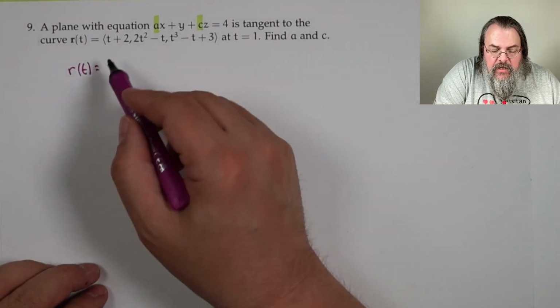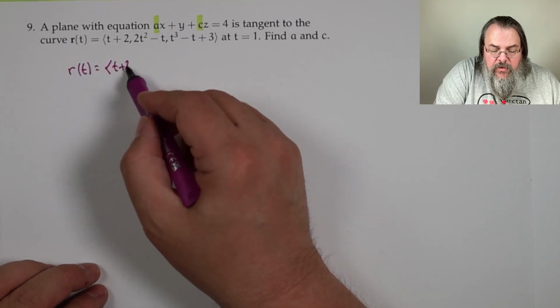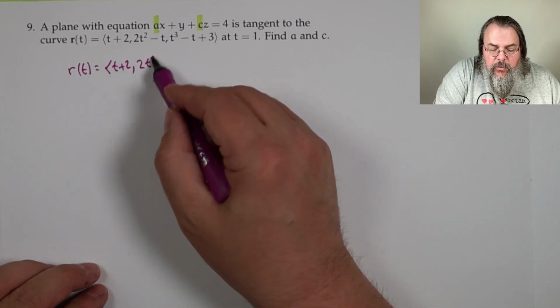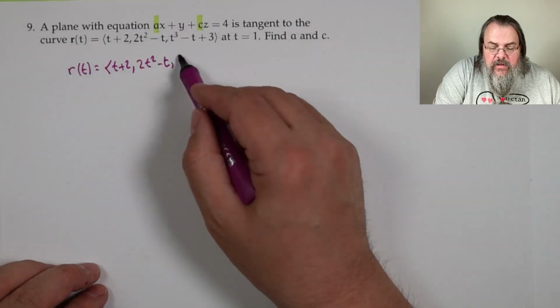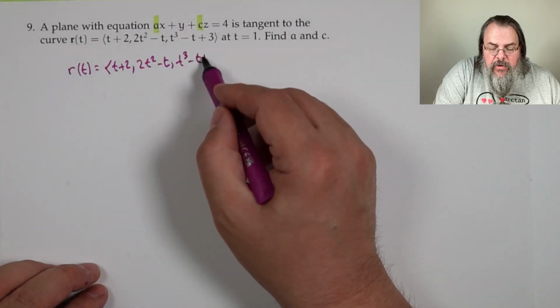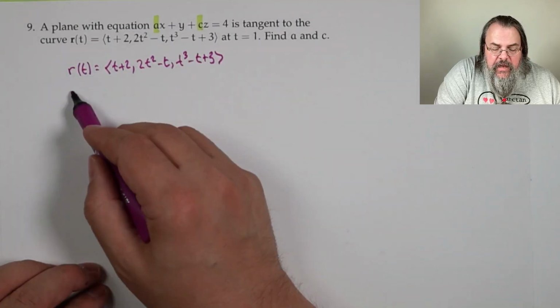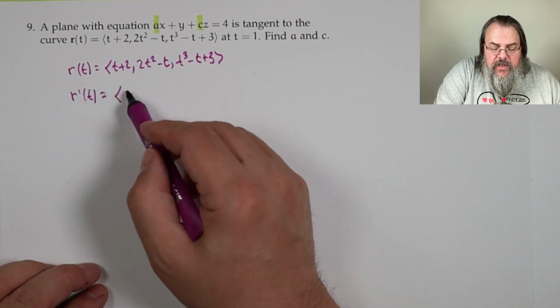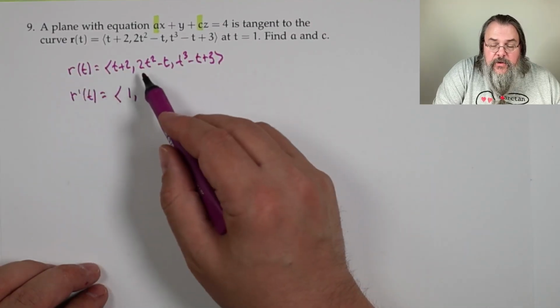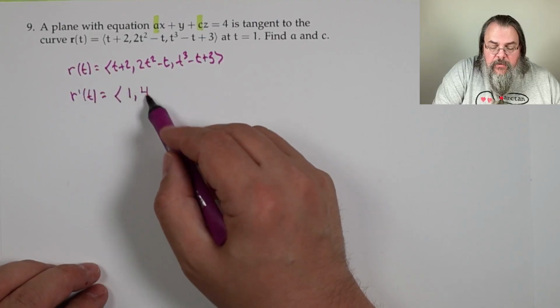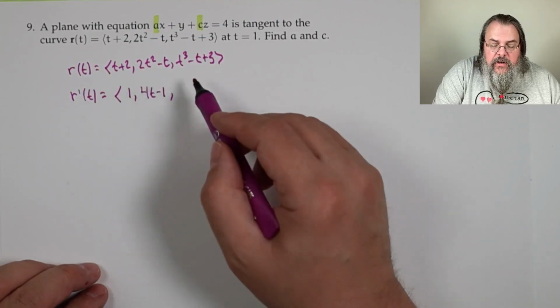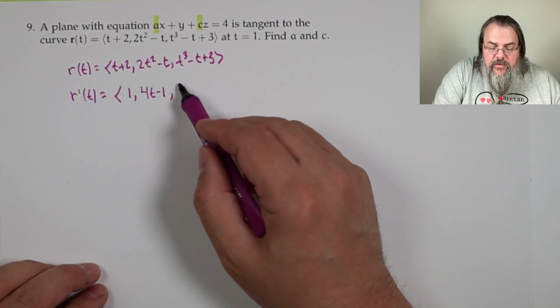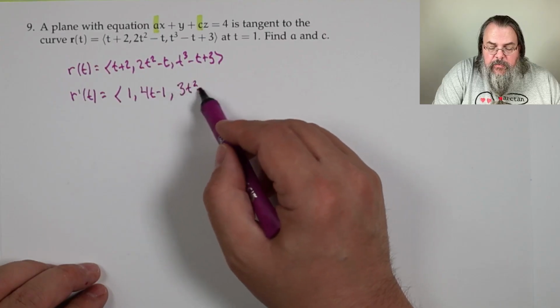So r of t is (t plus 2, 2t squared minus t, t cubed minus t plus 3). And r prime of t is the derivative of t plus 2 is 1. Derivative of 2t squared minus t, 4t minus 1. Derivative of t cubed minus t plus 3, 3t squared minus 1.